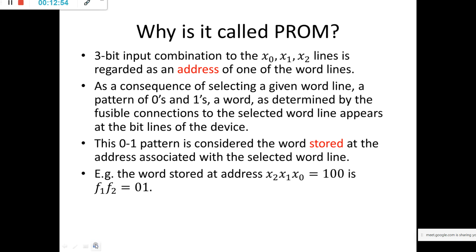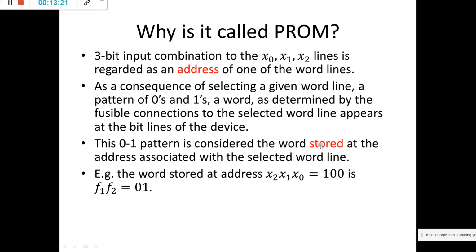As a consequence of selecting a given word line, a pattern of zeros and ones, a word determined by the fusible connections to the selected word line, appears at the bit line of the device. Now here the 0, 1 pattern is considered the word stored at the address associated with the selected word line.